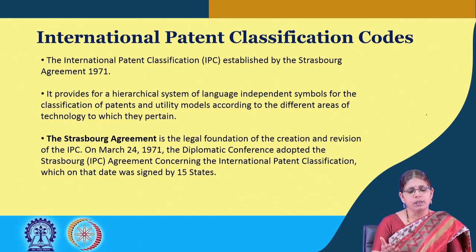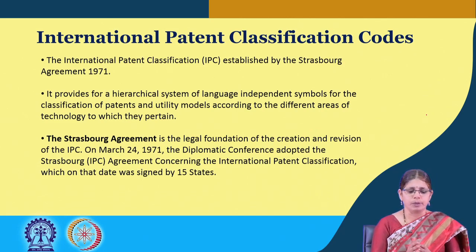Now, the classification of patents and utility models come under the purview of the International Patent Classification System. These are independent symbols which are applicable to different types of patent documents.